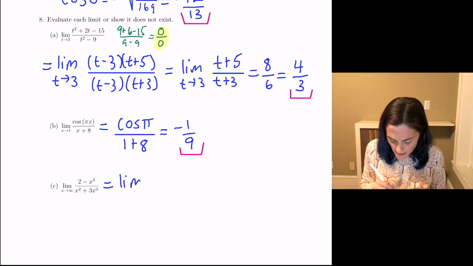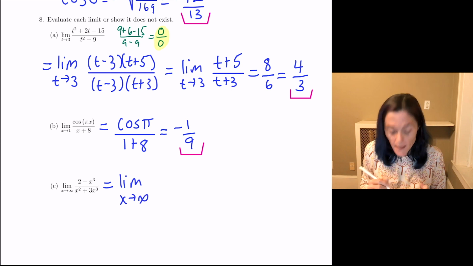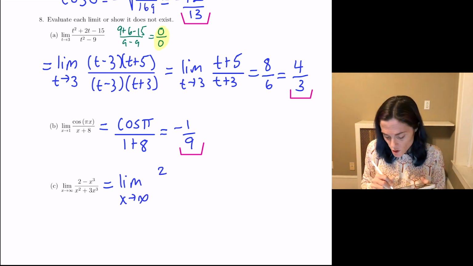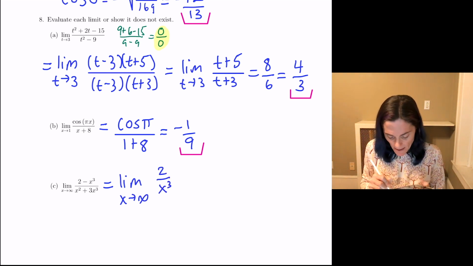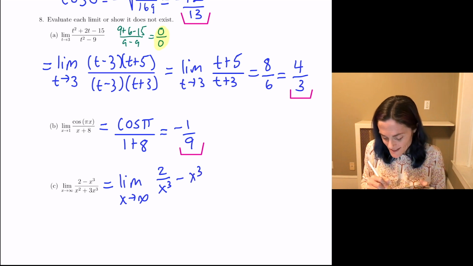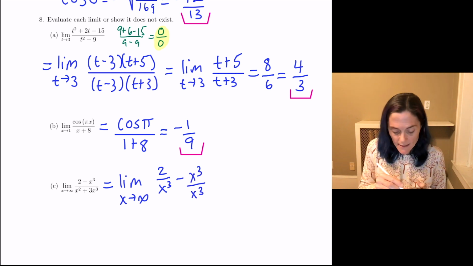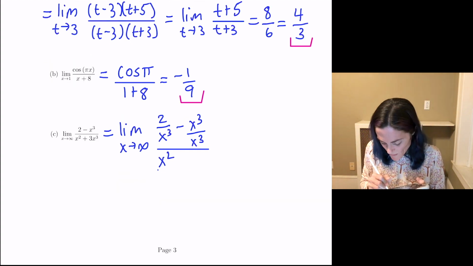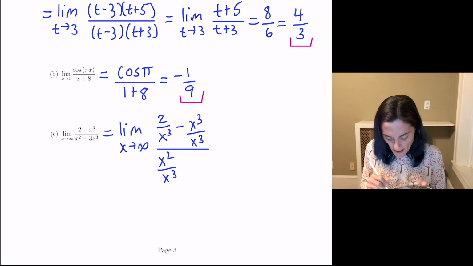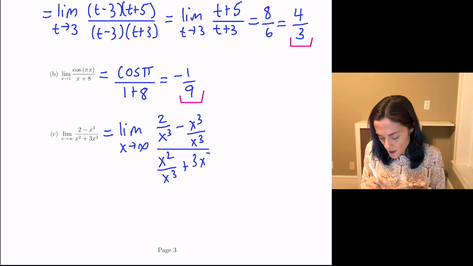We have a limit as x approaches infinity, 2 over x cubed minus x cubed over x cubed divided by x squared over x cubed plus 3x cubed over x cubed.